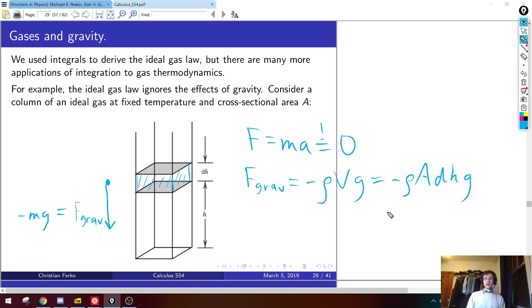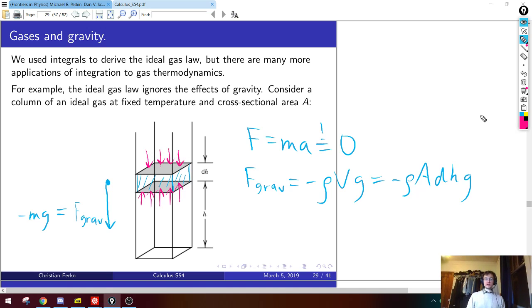Okay, so that's the gravitational force. But there's also pressure, which is a force per unit area. There are two separate pressure forces acting on this prism at the two shaded areas. Why is that? Simply because this chunk of gas with height dh is getting pushed upon by all of the gas below it. The gas below it has some pressure P, which is pushing up on this guy. The gas above it is pushing down with some different pressure.